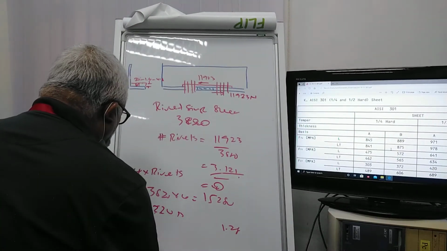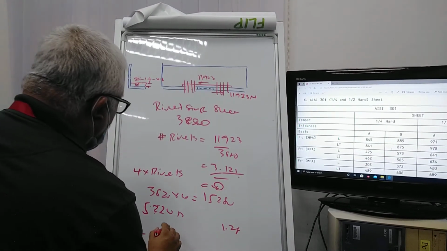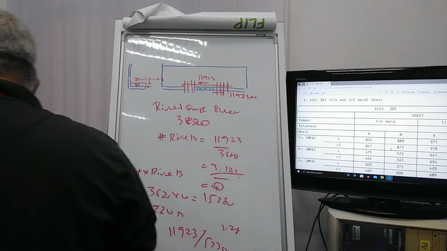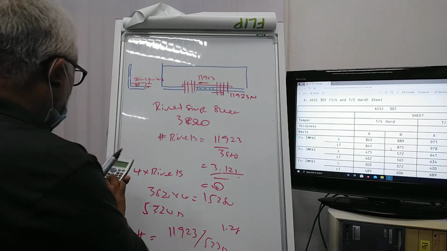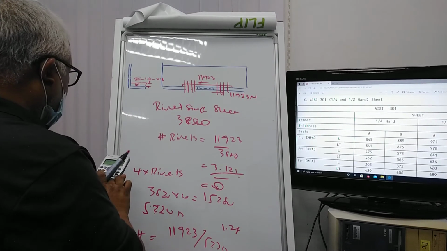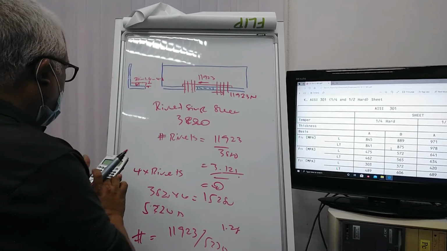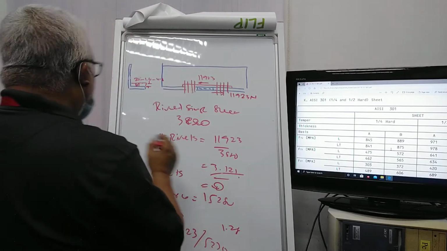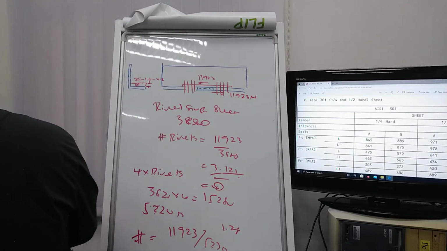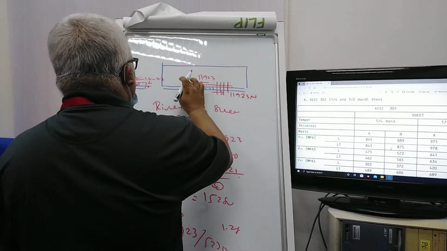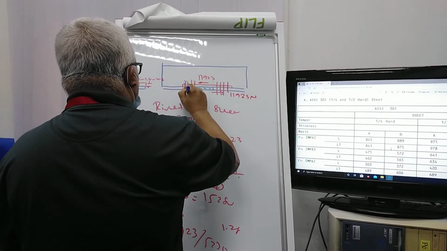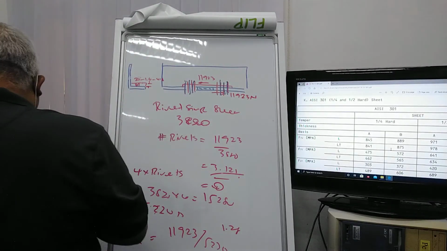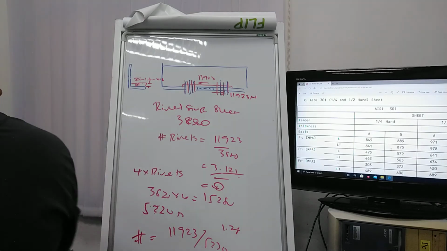Then the number of rivets will be 11,923 divided by 5220, so we have 2.2. That means we can round up to 3. So we can use only 3 rivets if we use the DD rivet. So that is your selection, whether you want to choose AD or DD rivet.